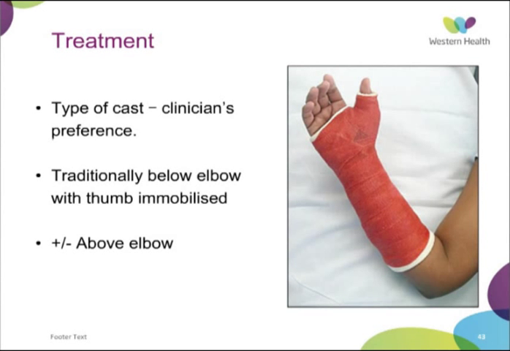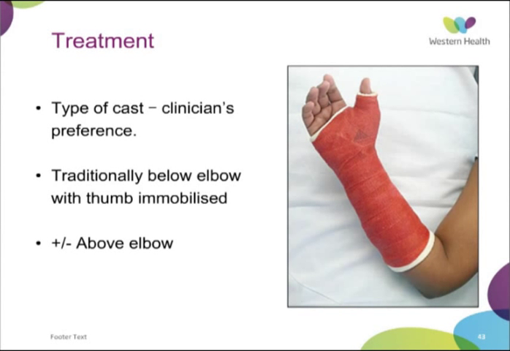Now, the type of cast is really the clinician's preference. This is the one that I've seen and used, which is a below elbow cast with a thumb spica, or the thumb immobilized. Some also use an above elbow cast with the thumb immobilized.